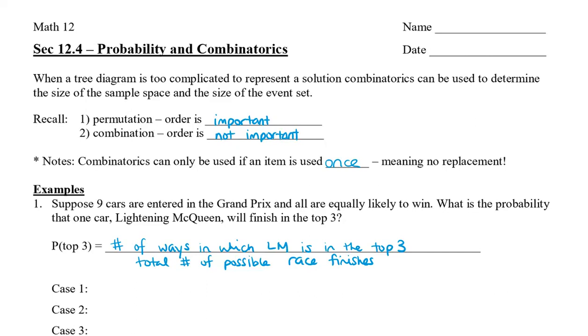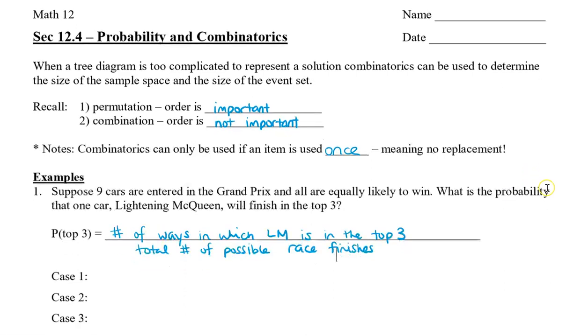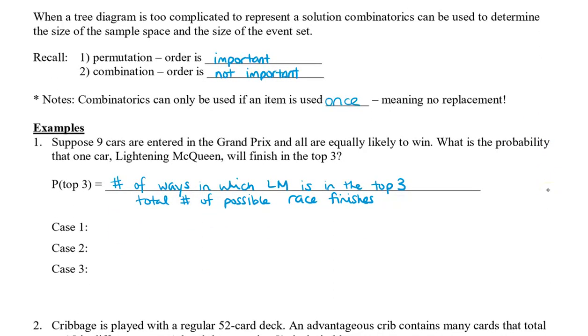All right, now before we go right into the formula, let's take a look at each case. In this example, there are 3 cases because Lightning McQueen can come first, second, or third.